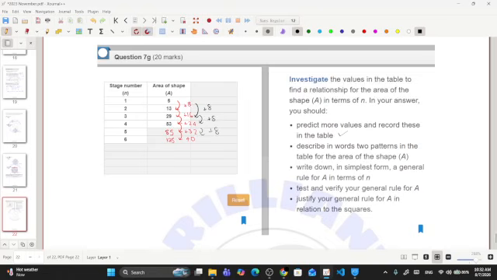Predict more values and record this in the table. Done. Describe in words two patterns in the table for the area of the shape. Can you identify two patterns? What do you think?